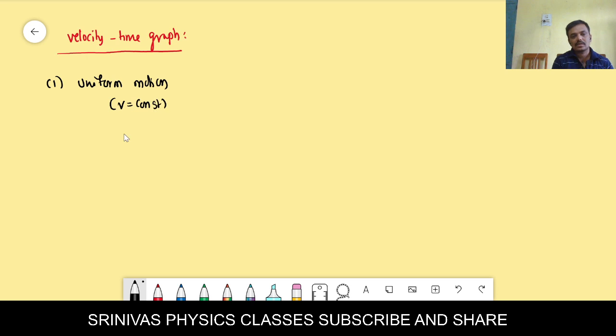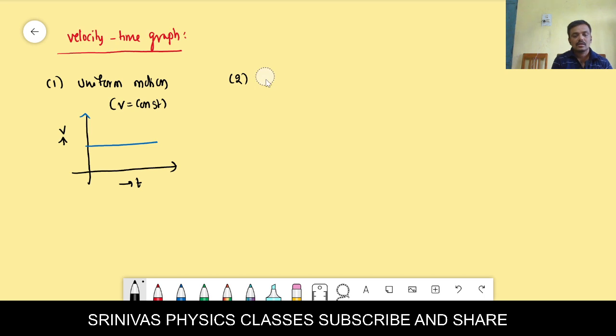I am taking time on the x-axis and velocity on the y-axis. The graph is a straight line parallel to the x-axis, velocity constant. Its clear explanation is in one lecture, which you can watch, because I am just revising how the graph looks and what should be remembered.